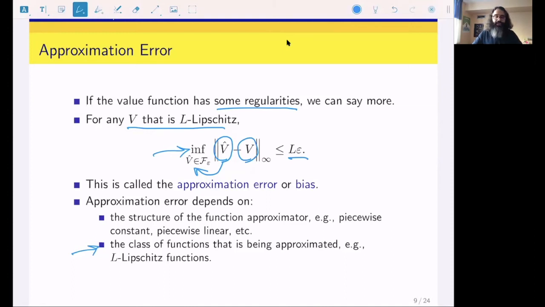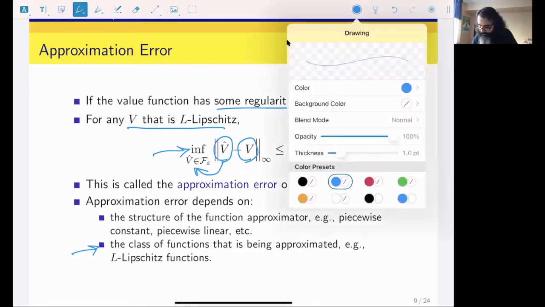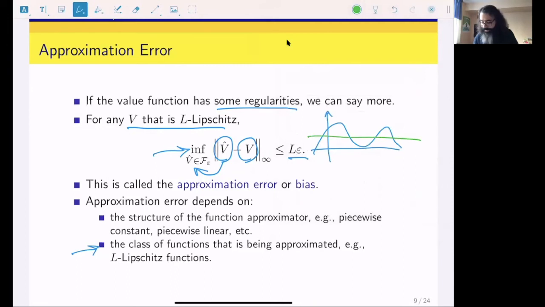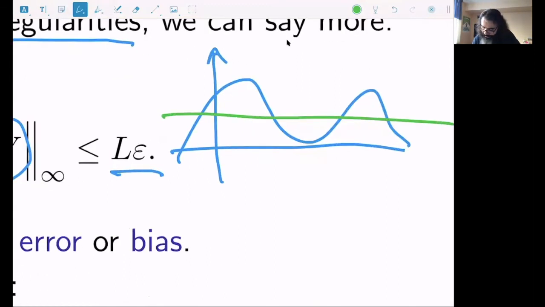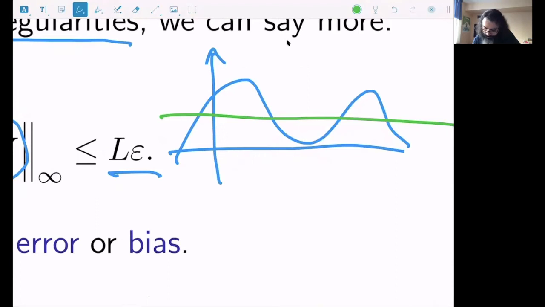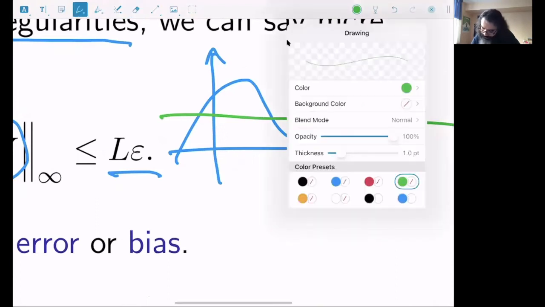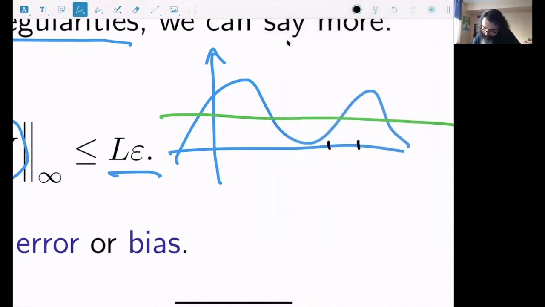If we use a constant function, and we have a function that looks like this, a constant function cannot approximate it very well. I mean, that's probably the best approximation. If we have piecewise constant, that makes a better approximation. We can use a piecewise linear approximation, which means that, say, let's try another color, I still divide these regions.